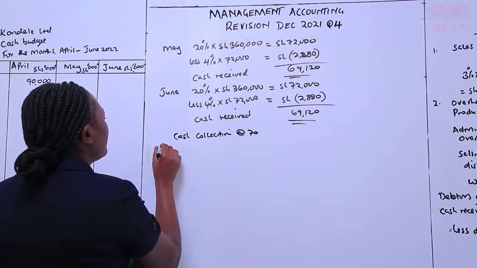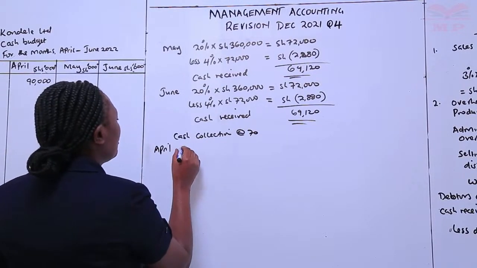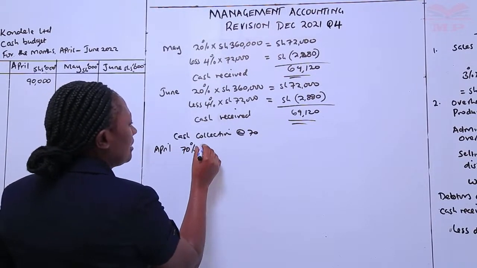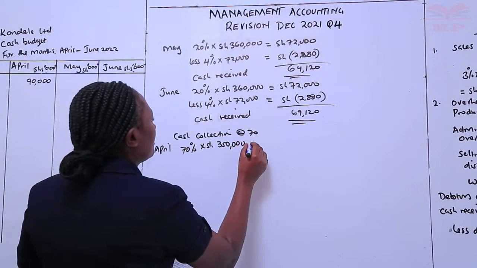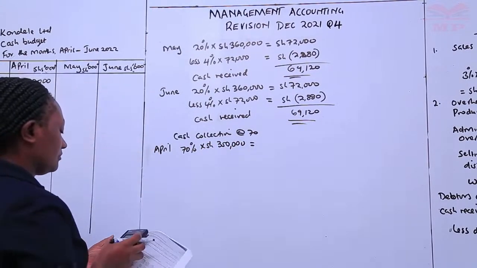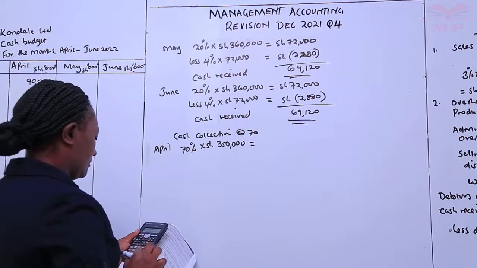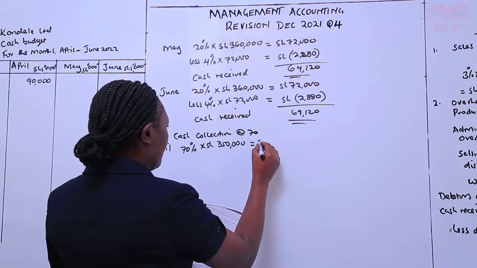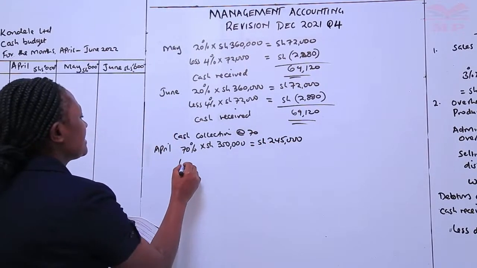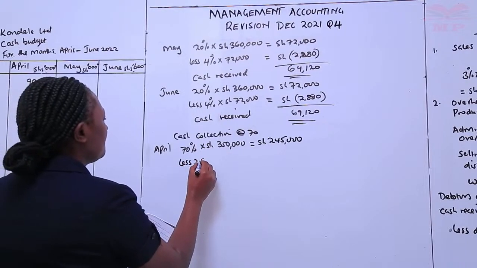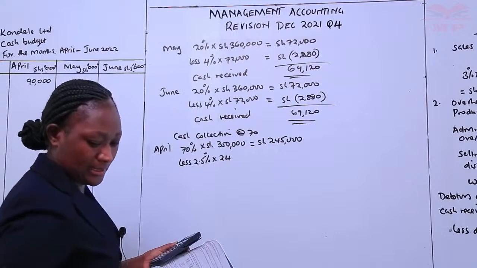For the month of April, the sales were 350,000. We get 70% of 350,000, and this will give us 245,000. We less a discount of 2.5% on 245,000.